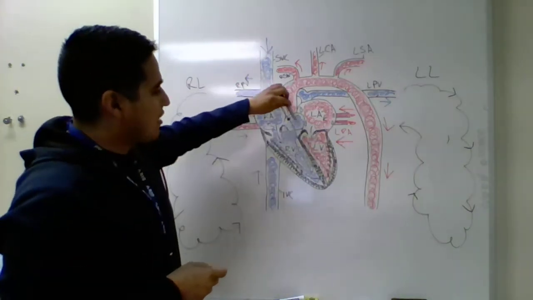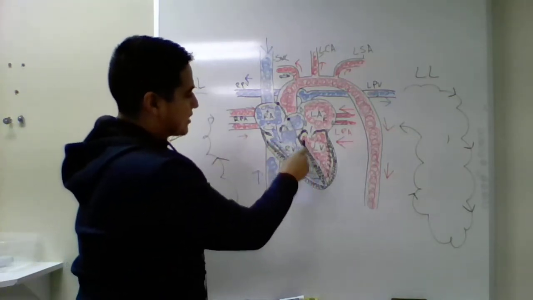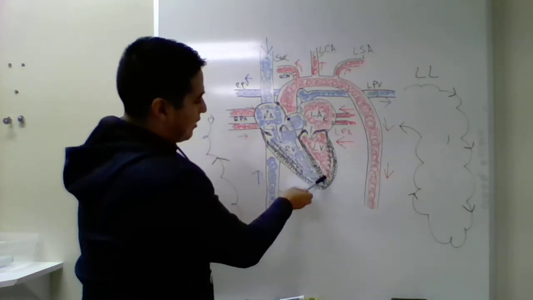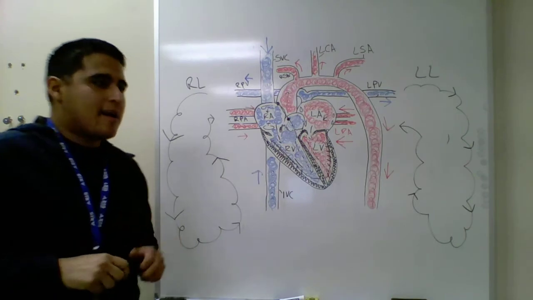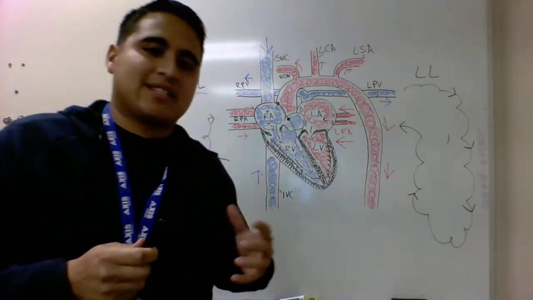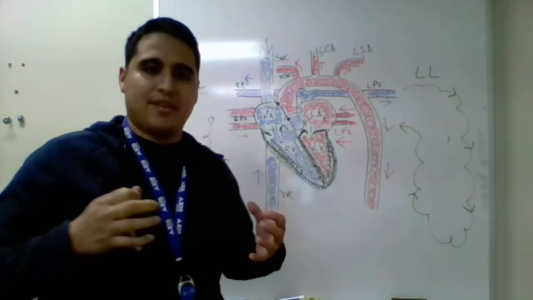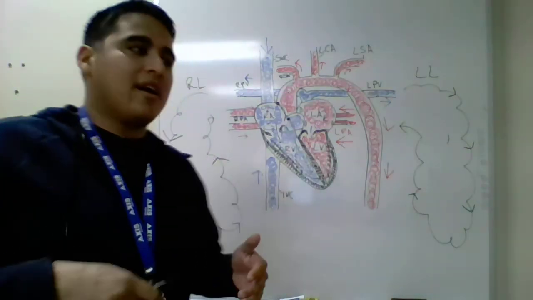As that impulse is traveling down, it gathers into these things called the Purkinje fibers down this way, and they actually branch off to the left side of the heart and the right side of the heart. That electrical impulse, as it's traveling down, is being grouped in with the cardiac cells. Those are the mechanical cells of the heart.